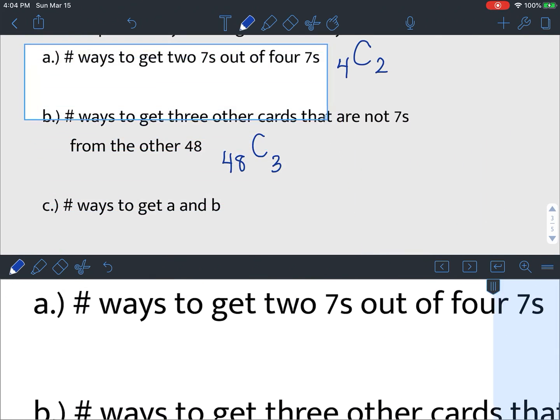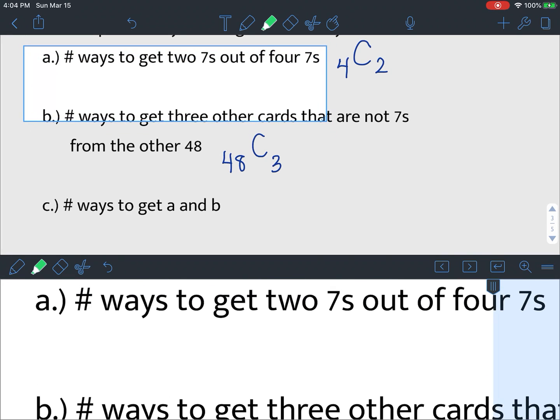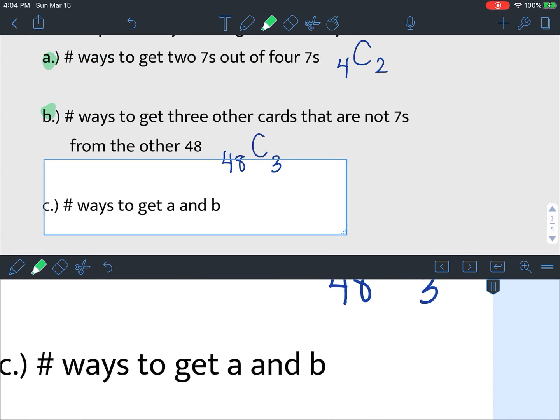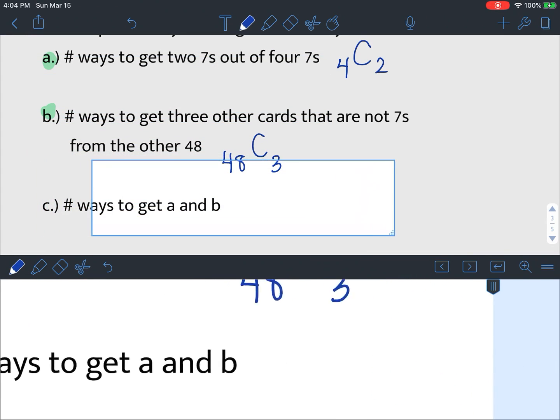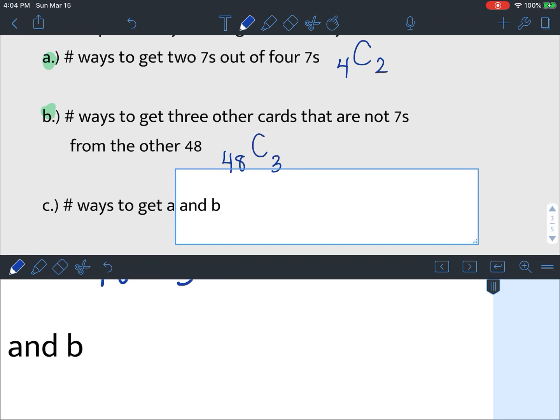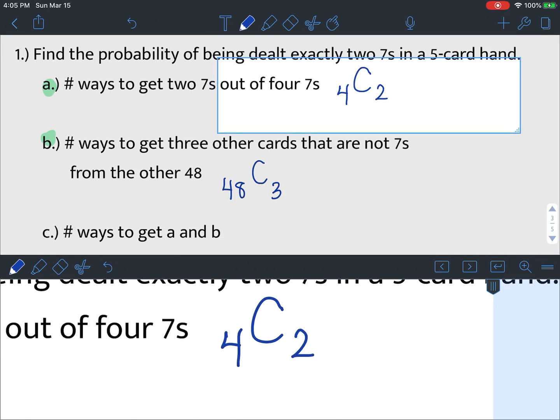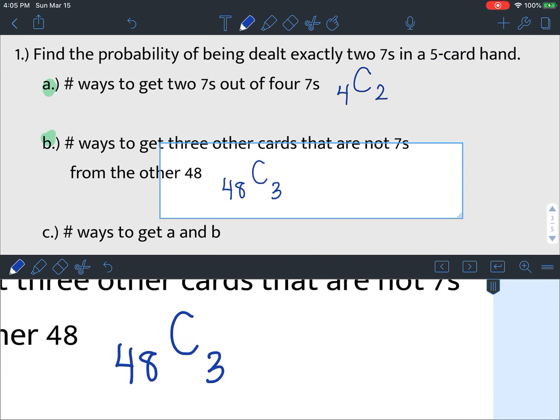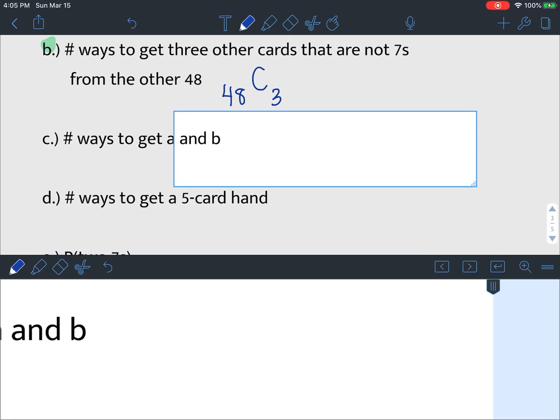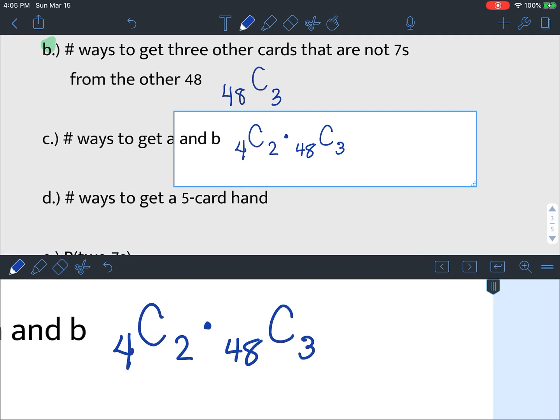So what are the number of ways to get this A and this B? What are the number of ways to get A and B? This is back to the fundamental counting principle. If you want number of ways to get A, which is 4C2, and you want number of ways to get B, 48C3, then the number of ways to get A and B would be to multiply them together. So that's 4C2 times 48C3.